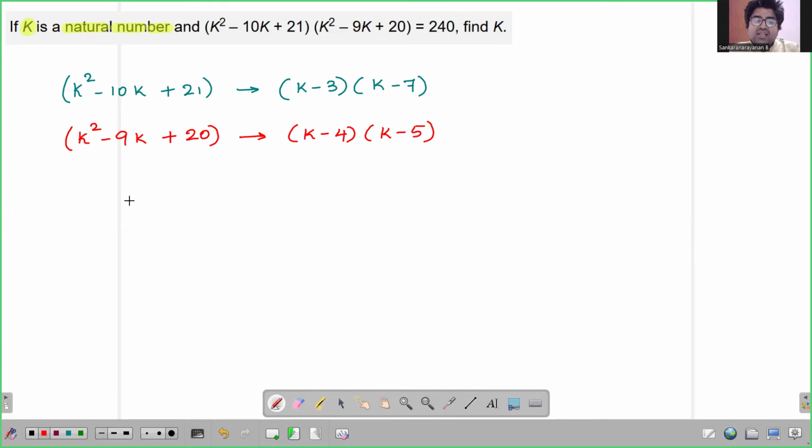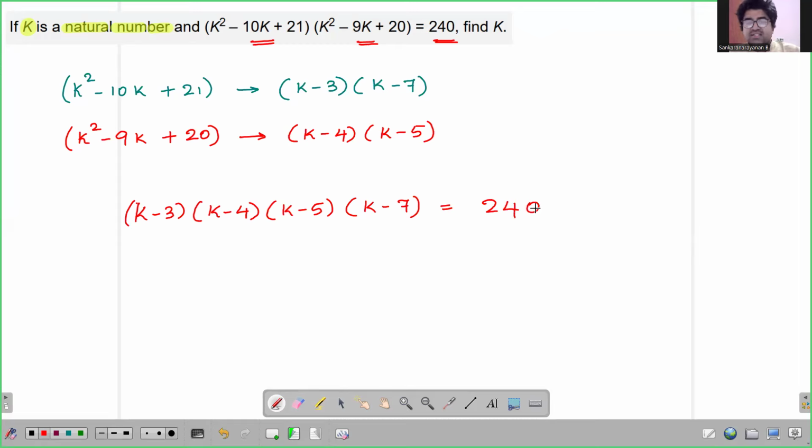So I can very clearly see that the product of these two is 240. I can consider that this corresponds to k minus 3 times k minus 4 times k minus 5 times k minus 7, and that is coming here as 240.